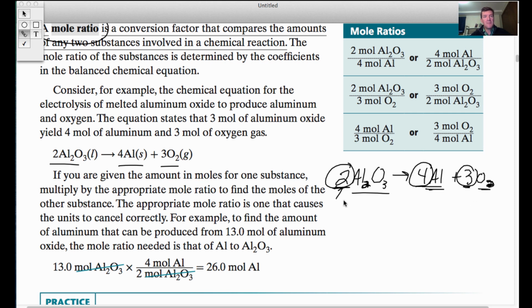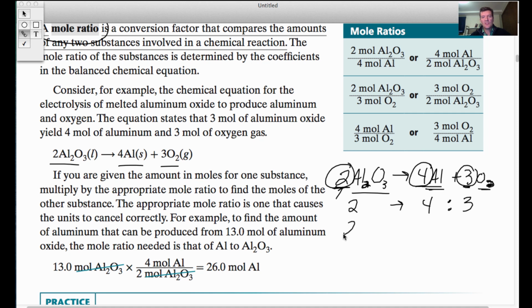So that really could mean 2 compounds of the aluminum oxide will produce 4 atoms of aluminum and 3 molecules of the oxygen. It could be actual particles that we're talking about. Or we could double everything.